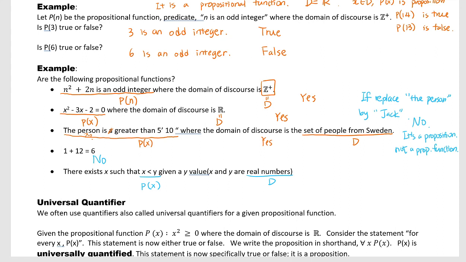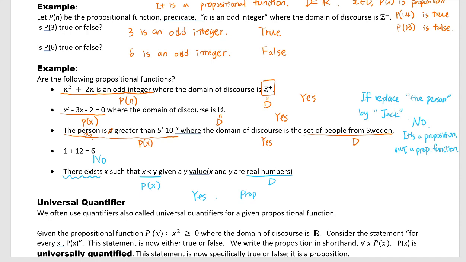So is this true? Do you see there exists x? We don't know what x is, but here it says there exists x such that x is less than y, given a y value. X, y are real numbers. And actually, this is a propositional function.